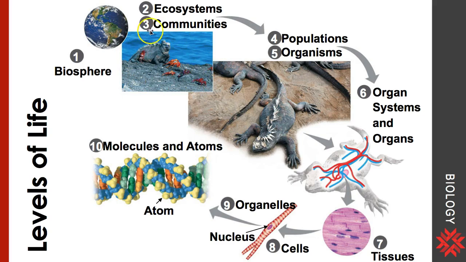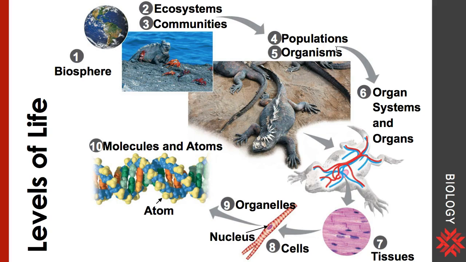If you look up here, you can see that you would have interactions at the community level, like those iguanas eating the algae as an example. So you'd see a lot of predator-prey relationships at the community level. When you go into the population level, you'll see lots of fighting for resources amongst the iguanas.